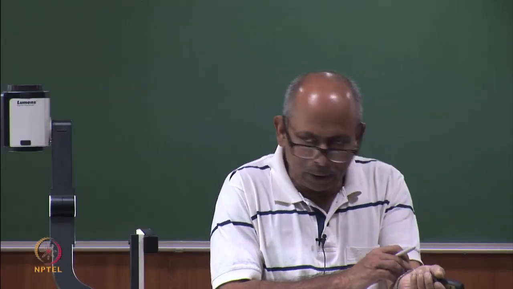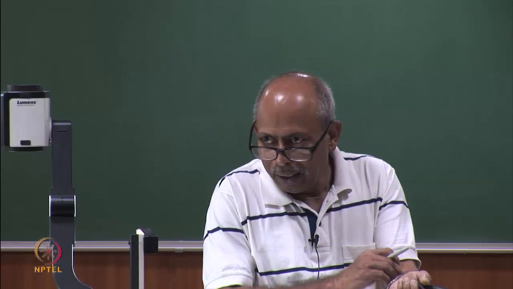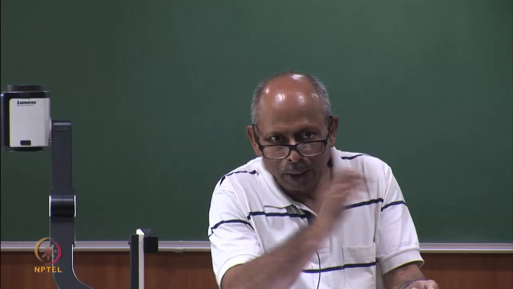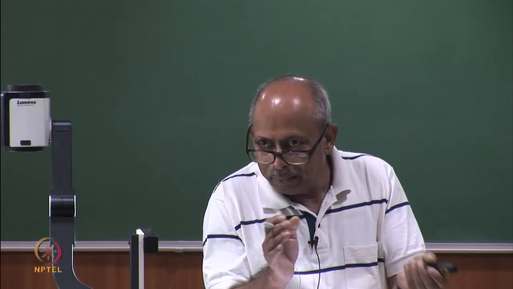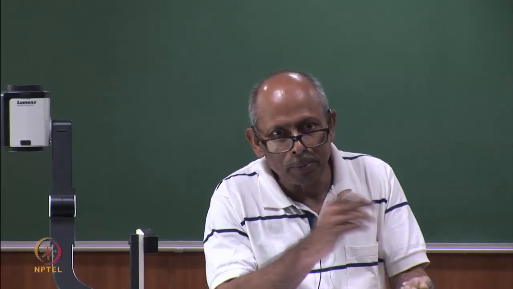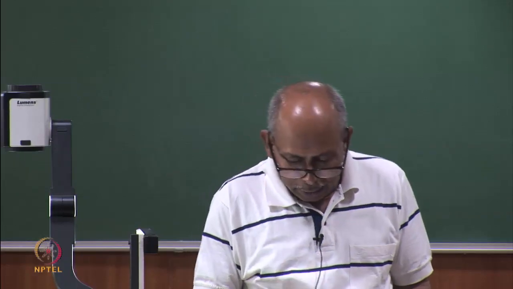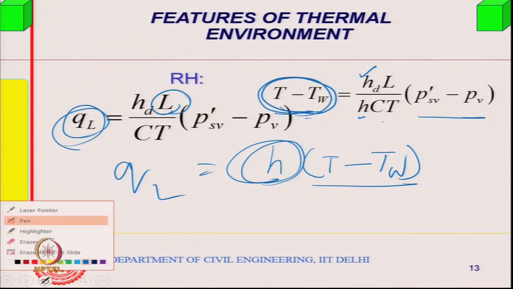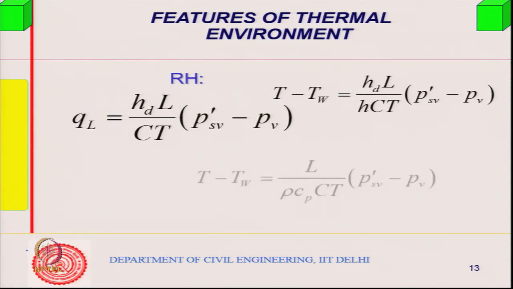Supposing I have moisture on my skin, then this is in a saturated state, T W. I can assume the surrounding has some dry bulb temperature, and this difference is related to the vapor pressure difference, saturated vapor pressure minus the vapor pressure. That is how we are trying to show that T minus T W, the wet bulb depression as we call it, is a function of this.